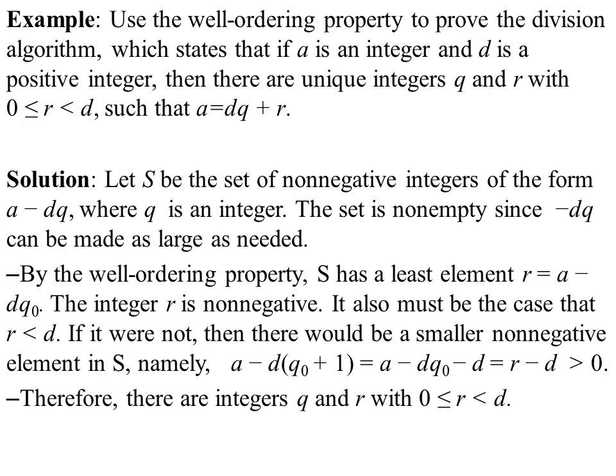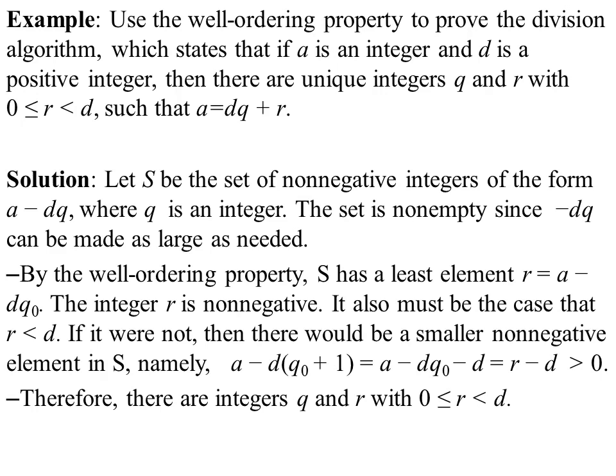Let S be the set of non-negative integers of the form a minus dq, where q is an integer. Here you can clearly observe that S holds the values of r, that is, remainders. This set is non-empty because minus dq can be made as large as possible.